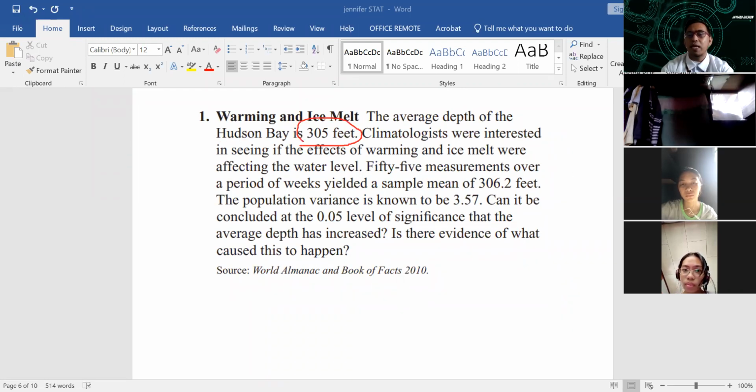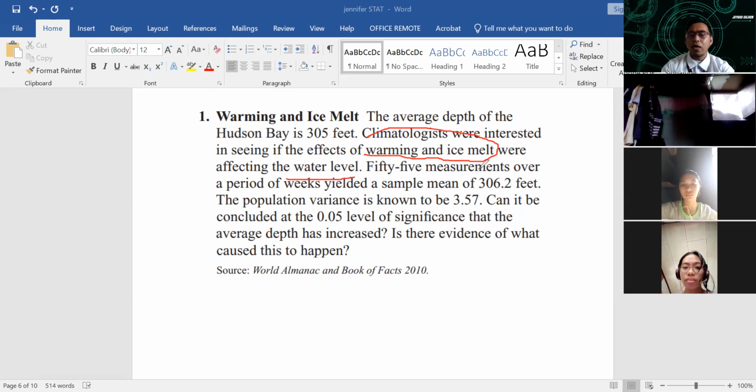Hudson Bay has a lot of icebergs, ice that melts when the weather gets warm, as said by a climatologist. The person who is studying about climate, climatologists were interested in seeing if the effect of warming and ice melt will affect the water level.